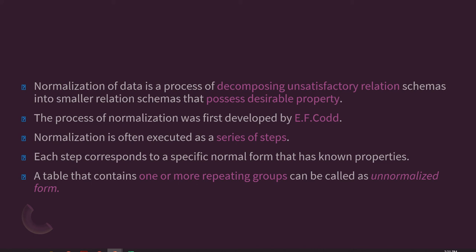If you want to make a table normalized, we have to pass through this sequence of steps. A table which is not normalized is called an unnormalized table, or if a relation consists of one or more repeating groups or repeated data, then such a form is called an unnormalized form.